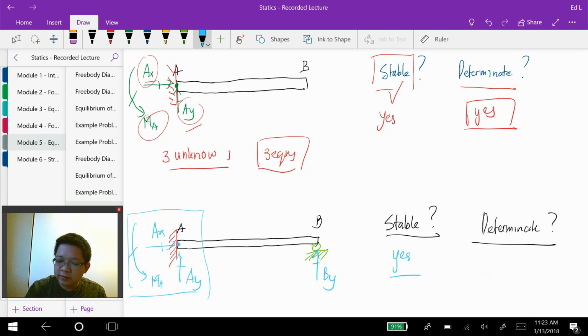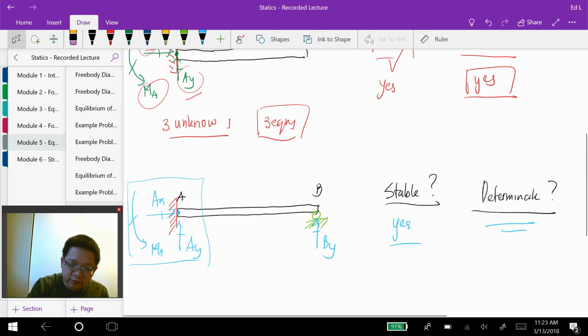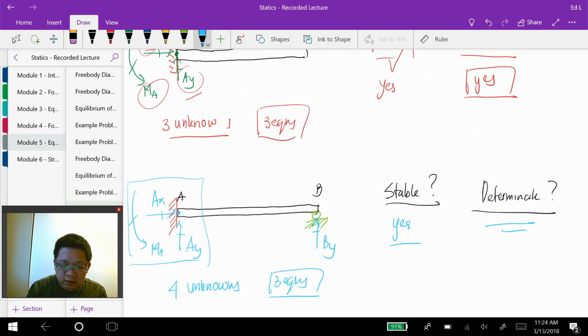However, is it determinate right now? Well, in here we have 4 unknowns, and we can write only 3 equilibrium equations. So the answer is that it's not statically determinate. For this case, we usually call it an indeterminate structure.